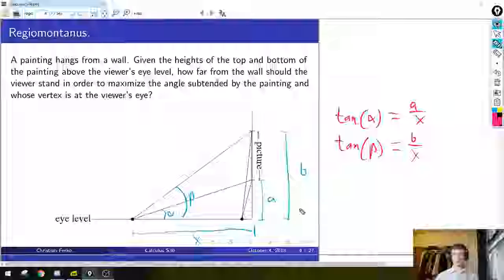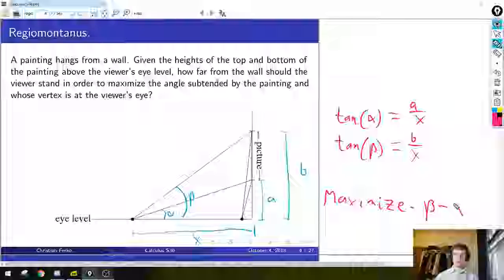Okay. So now let me ask you, the problem asks us to optimize the angle subtended by the painting. So in terms of the letters drawn here, what is the quantity we want to maximize? What is the angle that the viewer sees? We want to maximize beta minus alpha.